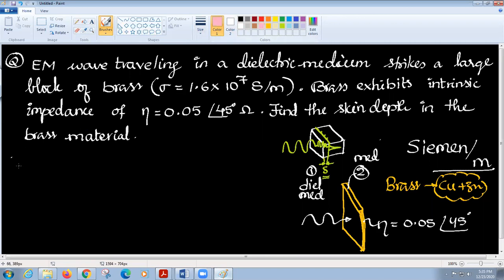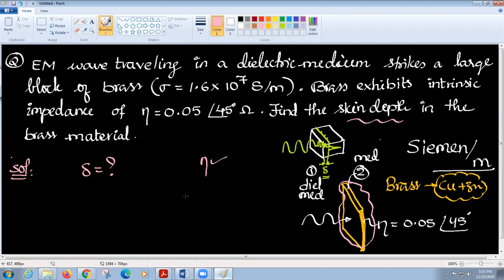So what I must find is the skin depth, delta. Eta is given to you, and this is your conducting medium; your brass material is your conducting medium.